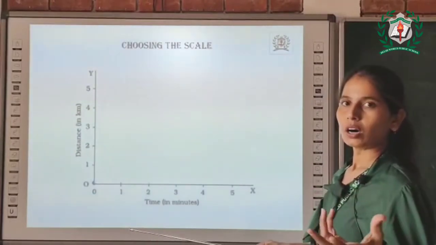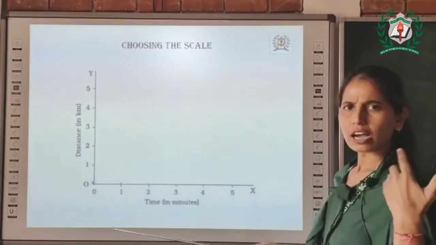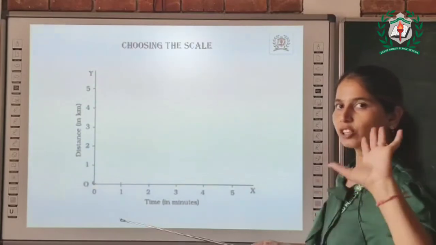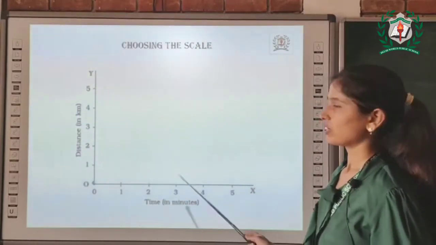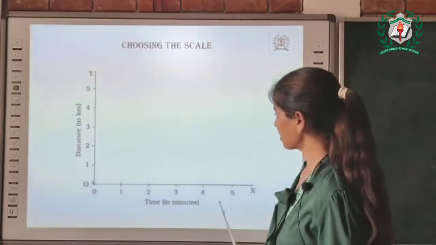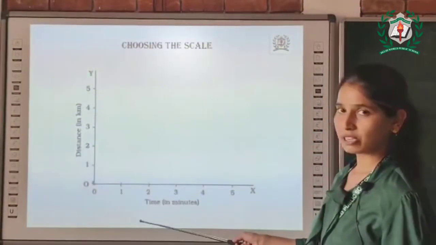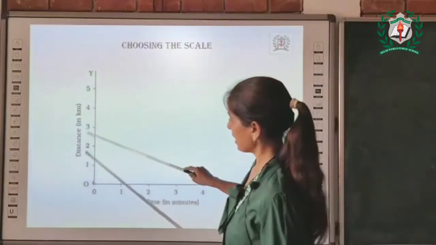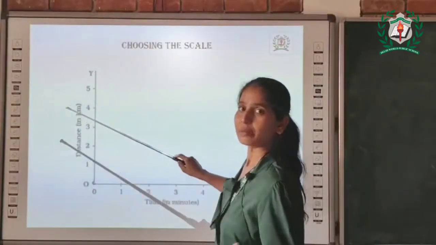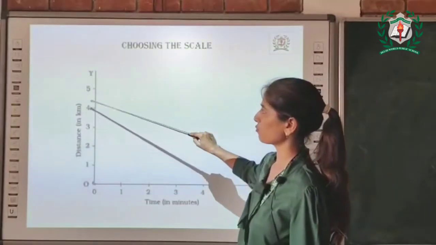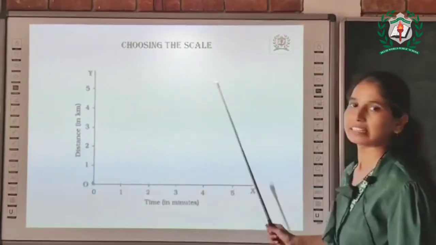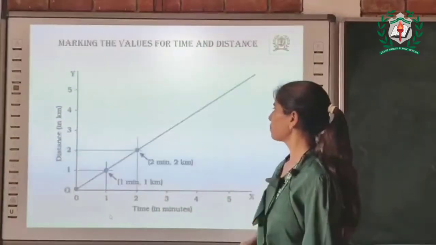If you want to take a scale according to your convenience, then you can. But here we are calculating time in minutes, and distance in kilometers. So this is 1 kilometer, 2 kilometer, 3 kilometer, 4 kilometer. Okay, so this is the scale.